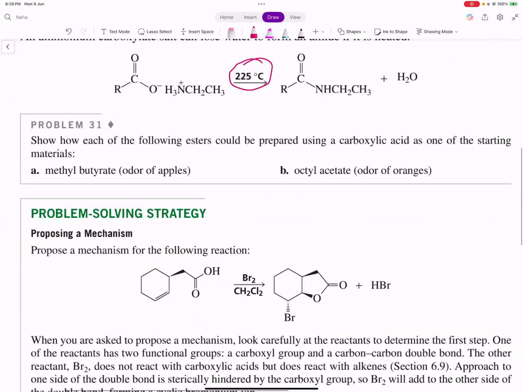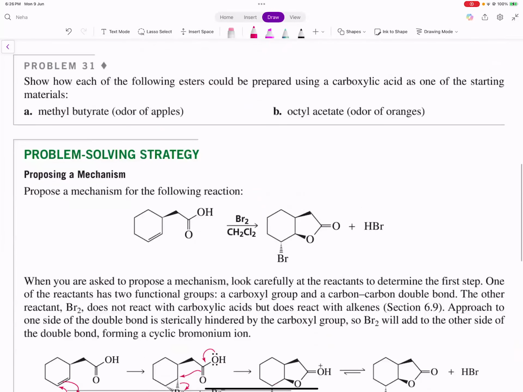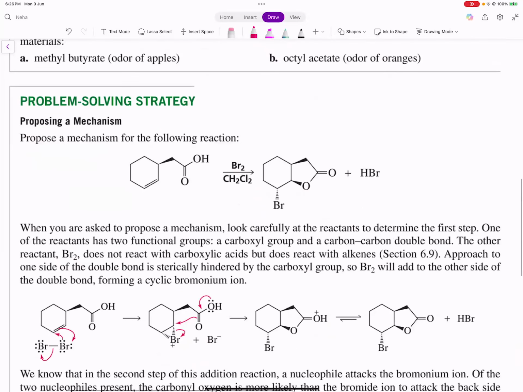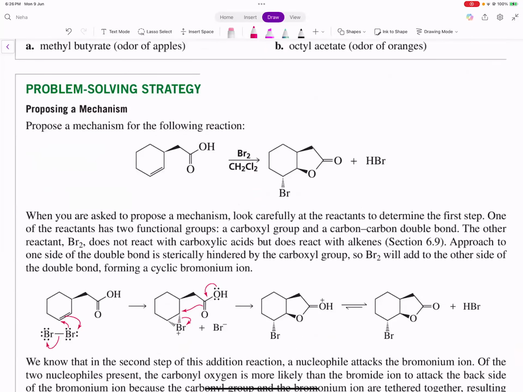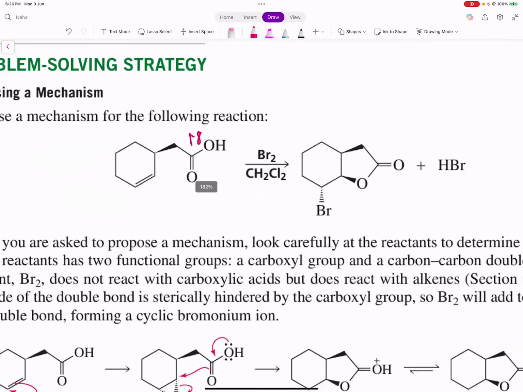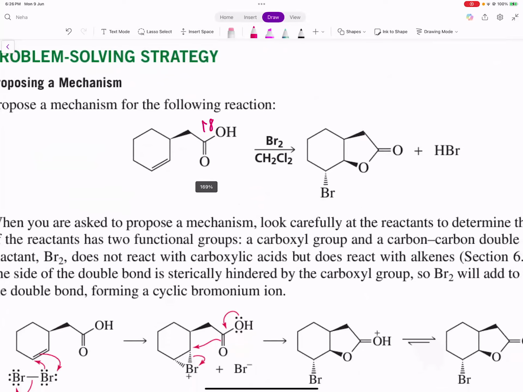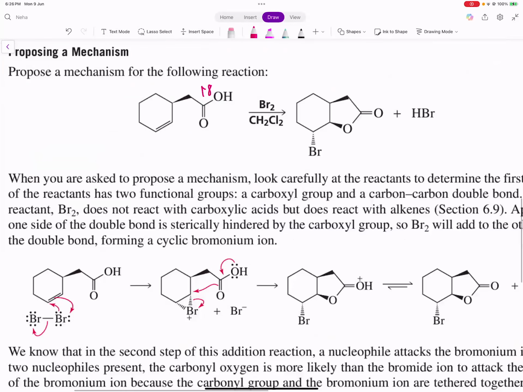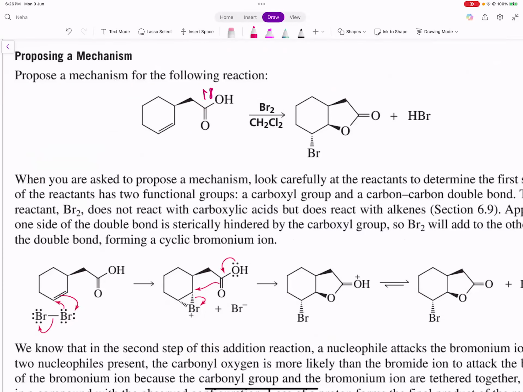Now this is another question. I reframed this question like this. Suppose this oxygen, this alcoholic oxygen, is 18 labeled. Then in the product, I am going to draw multiple answer options. One option will be like this: I will draw the same thing, this bromine, but here I will draw it like this, O18.